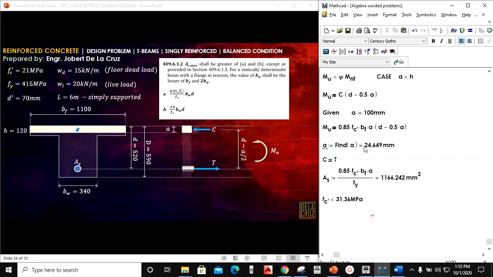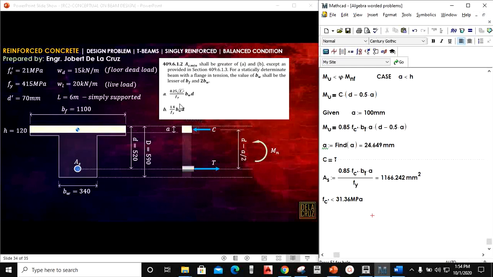Okay, so unlike sa rectangular beam, we calculated the rho minimum. Dito, diretso na tayo sa As minimum for T-beams. Kasi magmamatter sa ating bwd, yung ating As minimum. As stated here, pag ating flange daw is may tension, the value of bw is bf or 2bw.